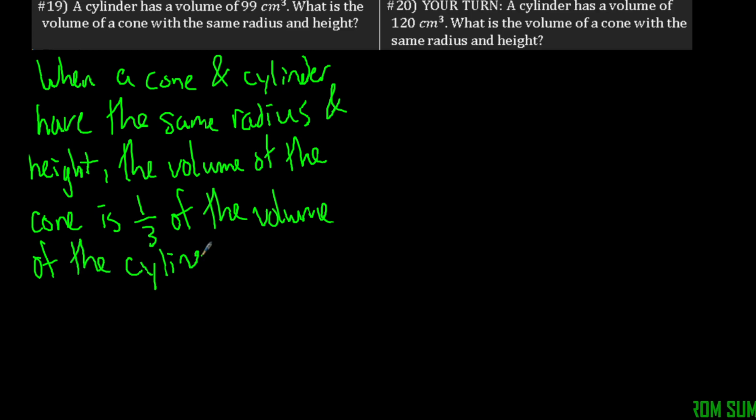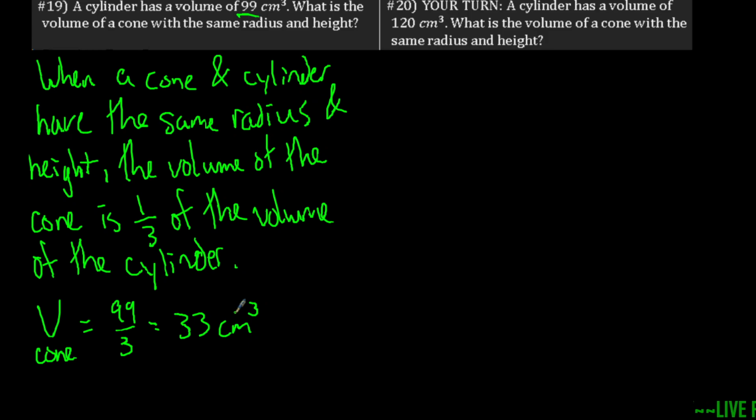And this is really easy because all we have to do now is, since we have the volume of the cylinder, we can take it divided by 3. So the volume of the cone is going to be equal to 99 divided by 3, which is going to be equal to 33 centimeters cubed.